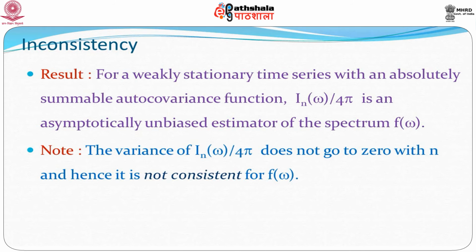So, it is unbiased asymptotically, and you can take it as an estimator for f omega, but its variance does not go to 0 as n becomes large, which really means that it is an inconsistent estimator. That is one of the major defects of the periodogram, and that is why we need to improve on the periodogram to get an estimator which would be consistent for the spectrum.